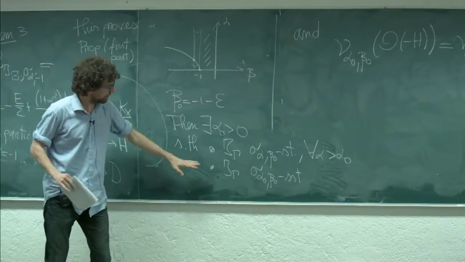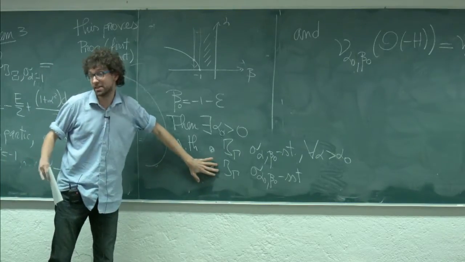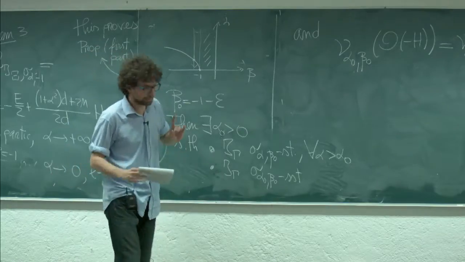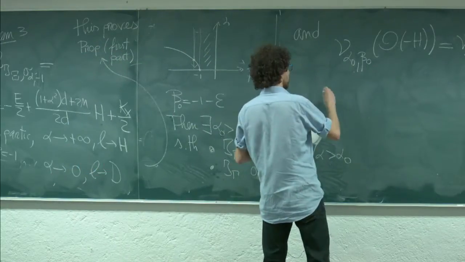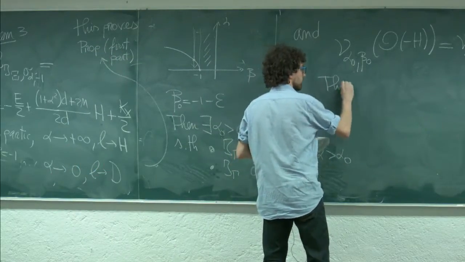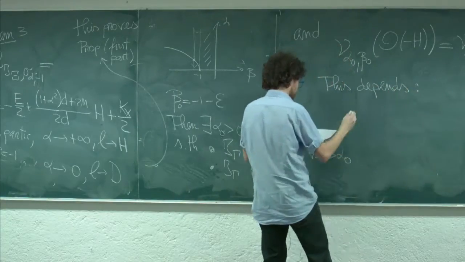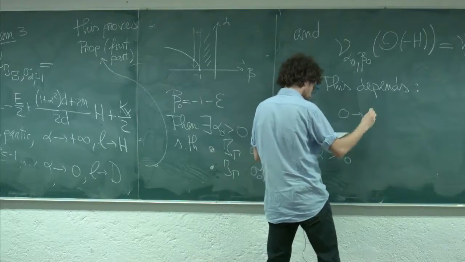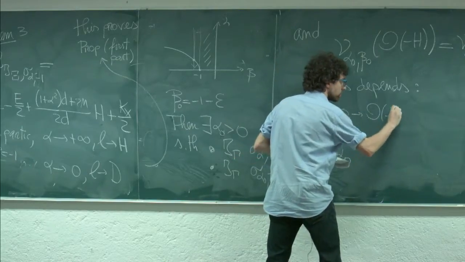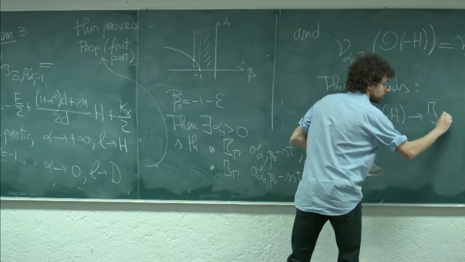We'll see. So a priori at the moment it's fine, right? Might be semi-stable instead of properly semi-stable. So how does it depend? So this depends on the following things. I have a map from O minus H to I gamma.